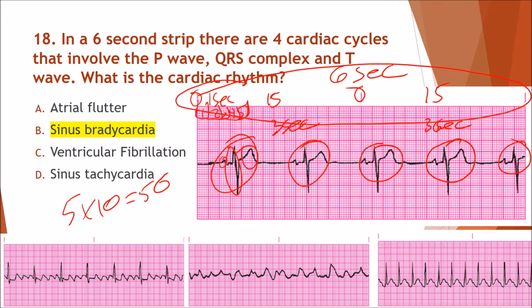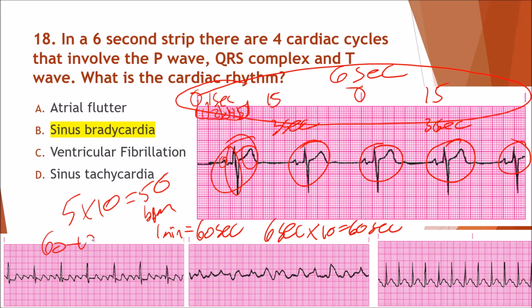Because in 1 minute, you have 60 seconds, and here we have 6 seconds. So we multiply 6 times 10, we get 60 seconds, which is the equivalent of 1 minute. So 5 times 10 equals 50 beats per minute. And that is the heart rate, right? And normal heart rate should be between 60 and 100 beats per minute. So since this one is below 60, it is sinus brady.